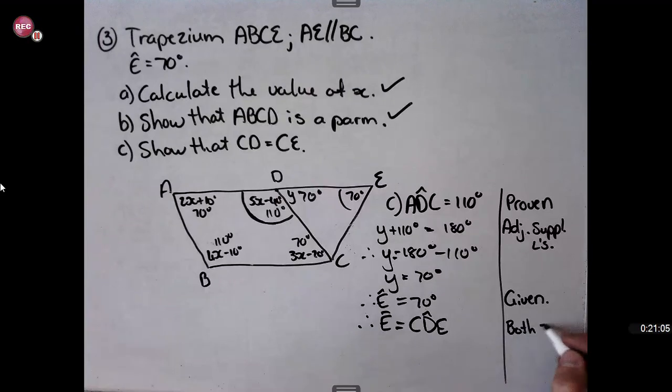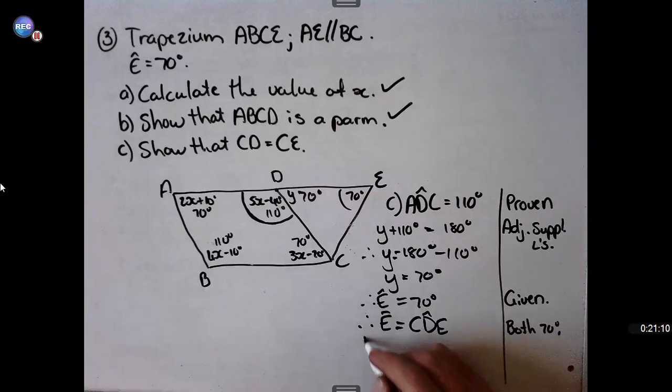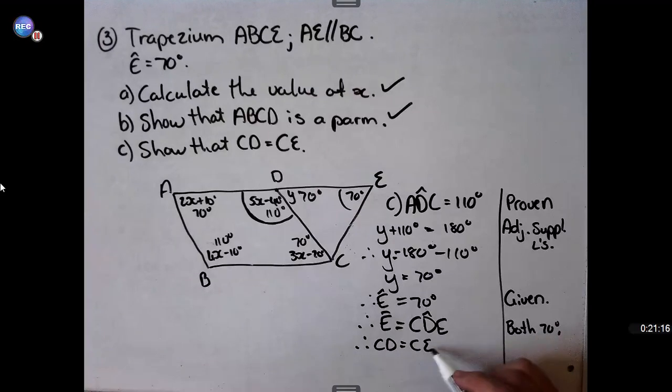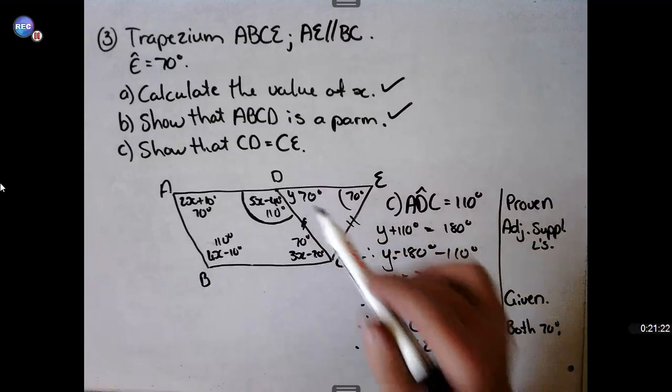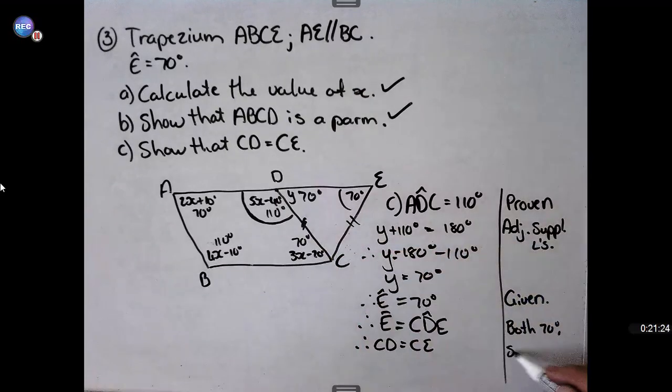So therefore you can now say that side CD is equal to side CE. And that reason is because this becomes an isosceles triangle, and they would then be sides opposite equal angles. And there you've solved your question C as well.